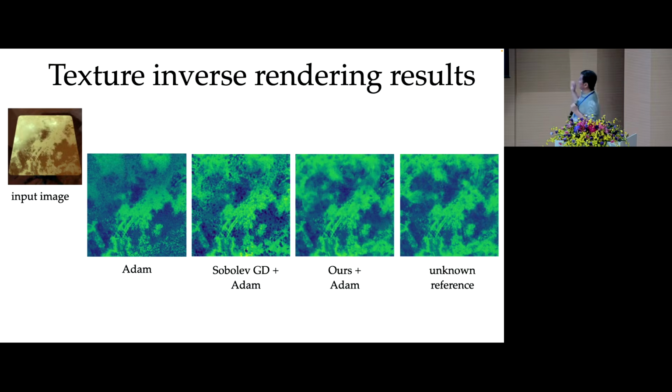Just some results: even with these blurred projector images, you can see that in this case Adam gives you artifacts of noise, and Sobolev gradient descent gives you these black dots, if you can see them. So it doesn't give you very good results, but our method can recover the textures pretty well.